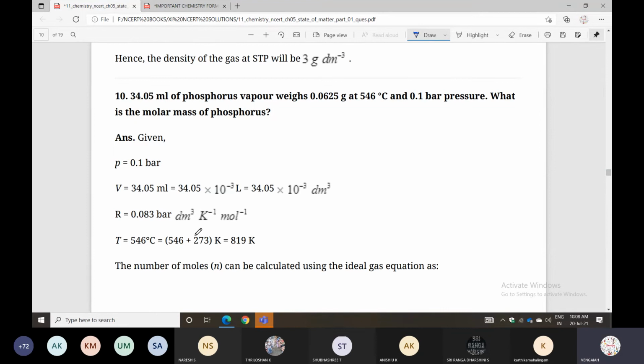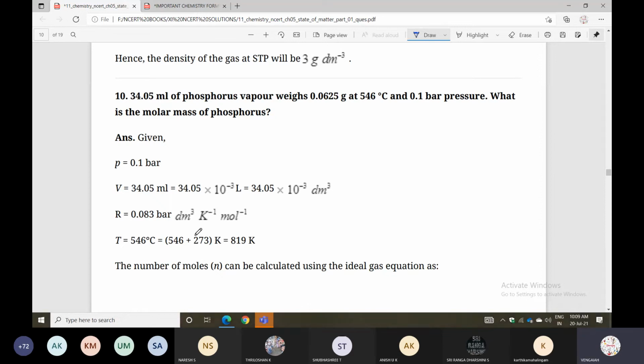Next question. 34.05 ml of phosphorus vapor. Weight is given, and pressure also given. What is the molar mass of phosphorus?